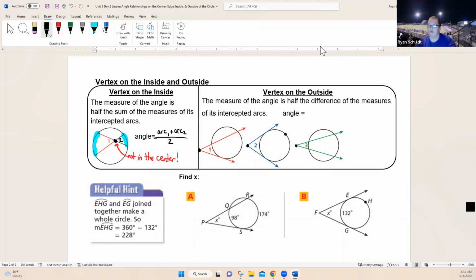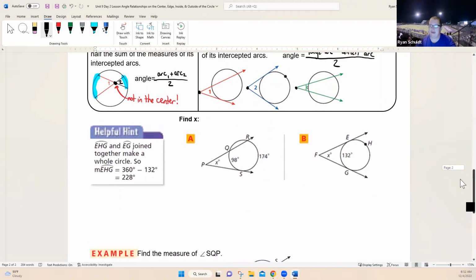So you would do the large arc minus the small arc divided by 2. That one might be a little confusing, so let's see it in action.